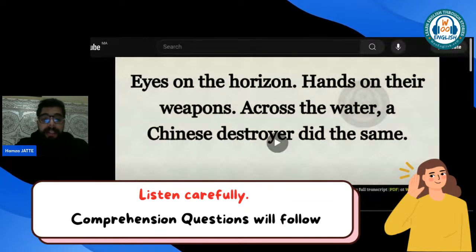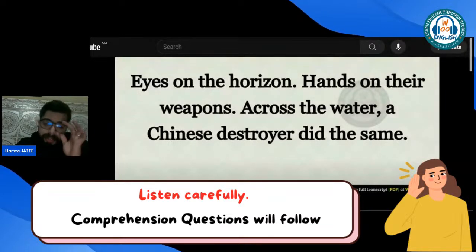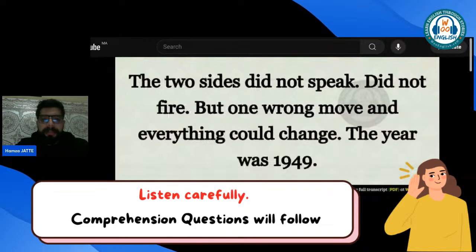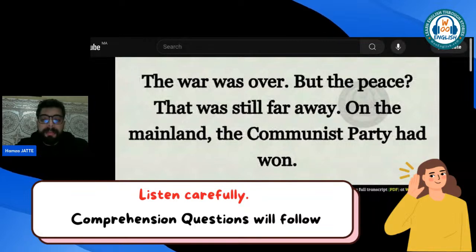The water, a Chinese destroyer did the same. The two sides did not speak, did not fire. But one wrong move, and everything could change. The year was 1949. The war was over. But the peace, that was still far away. On the mainland, the Communist Party had won.